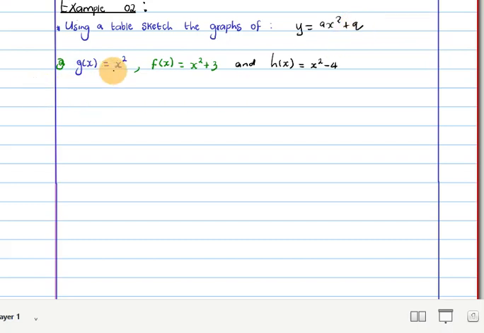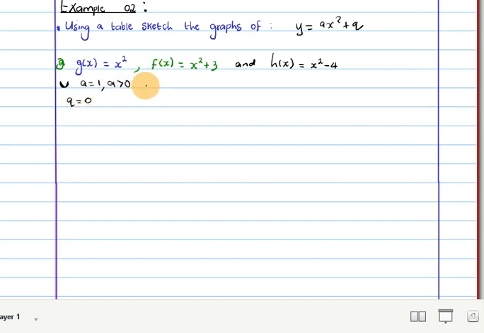Here the value of a is equal to 1, meaning a is greater than 0. By default, I know that my graph should be smiling. And it's plus q. The fact that it's just x squared means q in this scenario is equal to 0, meaning the graph did not shift. I know that my graph should turn where the value of y is equal to 0.